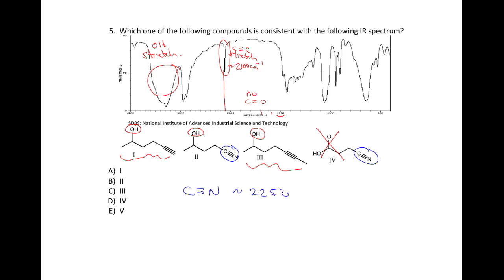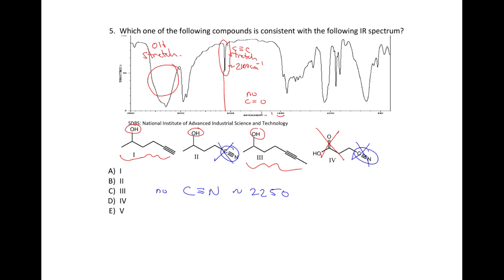That would be at a higher wave number, so a little bit to the left of here. And we don't see that, so no C triple bond N at 2250. So it can't be, and that eliminates this compound and this compound here.